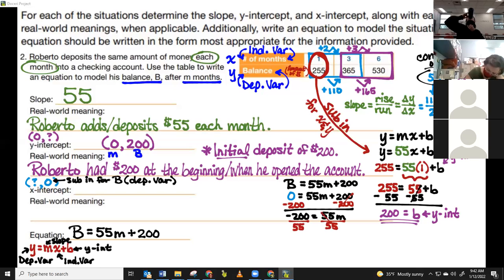And that tells me then that M is what? Months. What do we get? You can round it out to 2 decimal places if you want. What do we get?